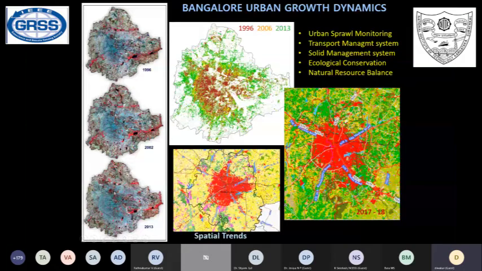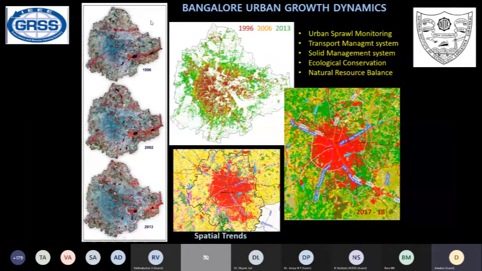So it becomes important that AI tools are brought in a very big way here, because you have a lot of time series data available, and many of these in urban pockets are dynamic in nature. Today's vegetation you may not find tomorrow because an urban plot would have come up there. So are we doing the right kind of planning?